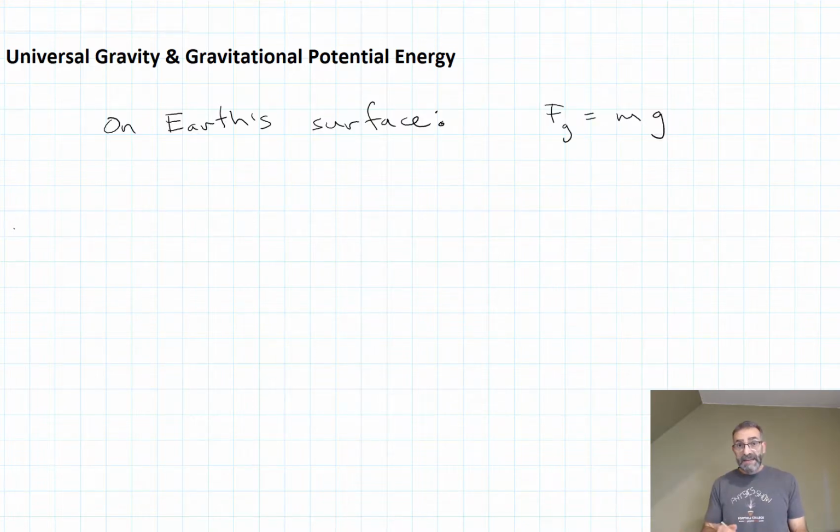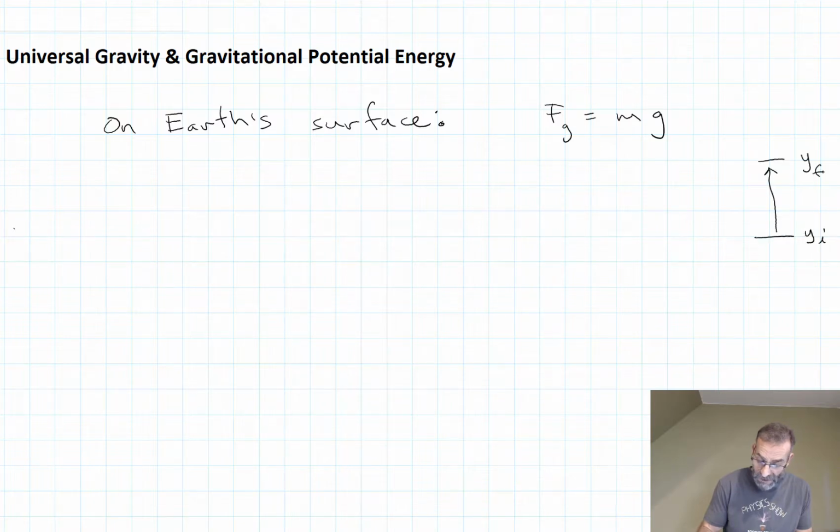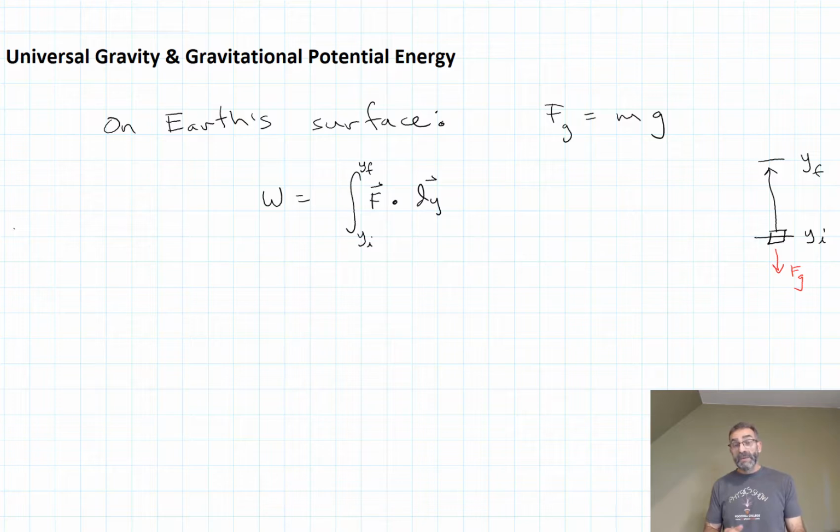We know the force of gravity on the surface of the Earth is mg, and if we're lifting something from some initial height to some final height, as we lift our object up, the force of gravity is pulling down on it. So we can integrate from our initial height to our final height and get the work done.